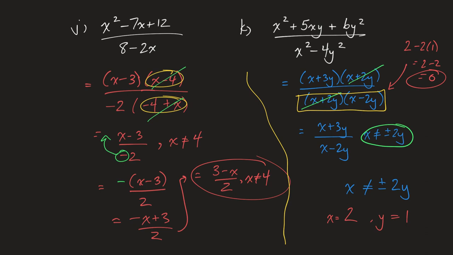But it doesn't just have to be x is 2, y is 1. The blue says x can't be double y. So let's say that x was 10. Then my y value can't be 5. It could be anything else, but it can't be 5. And you'll notice that back at the top again, if I replace my x with 10 and I replace my y with 5, I get 10 minus 10.